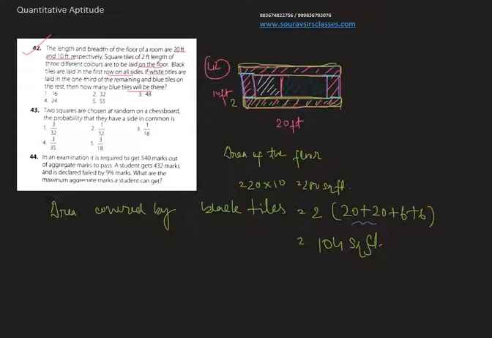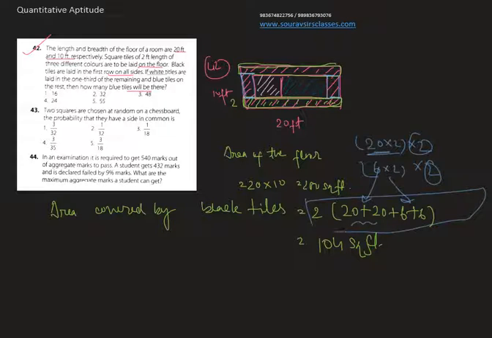Therefore it is 20 into 2 plus 20 into 2, and 6 into 2 plus 6 into 2. Taking 2 common, this results in 2 into (20 plus 20 plus 6 plus 6), which is 104 square feet.